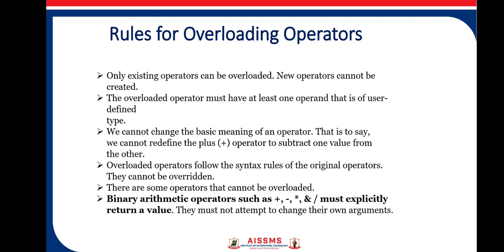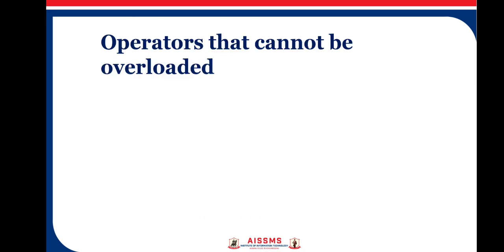The binary arithmetic operators such as plus, minus, multiply, divide must explicitly return a value. That means you should return some value when such operators are overloaded. They must not attempt to change their own arguments, and they should not try to change values of their own arguments.